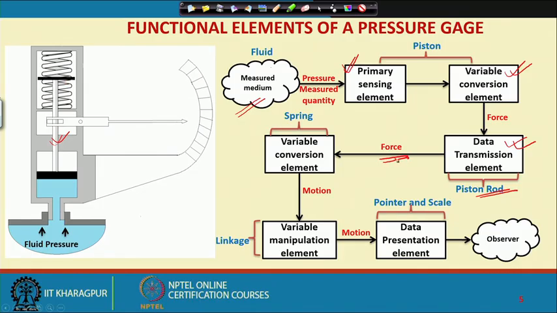This force works on the spring, and the spring output is motion, because there will be deflection in the spring. So, the spring works as a variable conversion element, because there has been a change in the nature of the signal. It receives force as input, gives you motion as output.